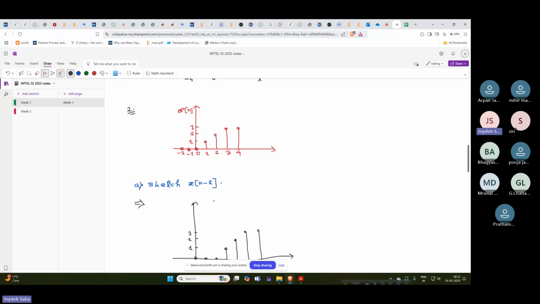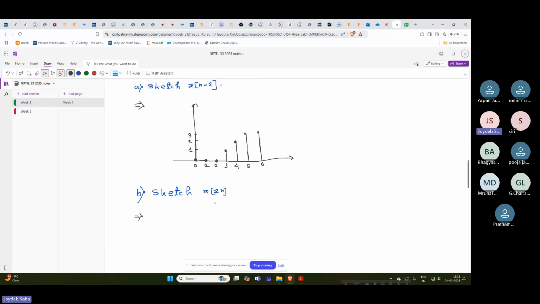You people try to solve this, take 1 or 2 minutes, and then match the answer with the solution that will be provided here. Okay, so let us solve.